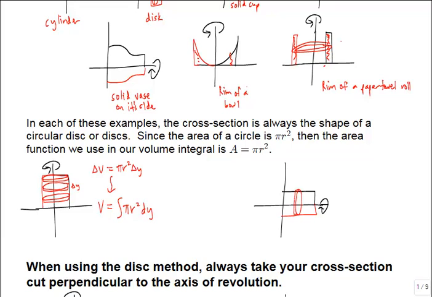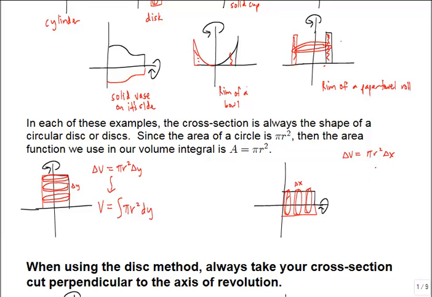But this time that thickness is intersecting the x-axis, so that would become delta x, which means our little volume slices, and there's going to be a whole bunch of them here, these little circular discs, each have a volume of pi r squared times delta x.